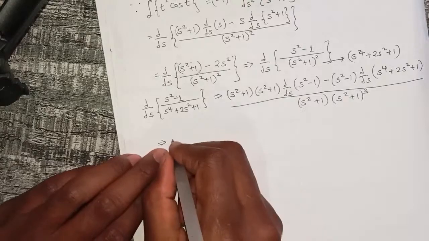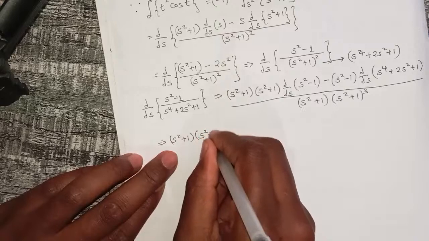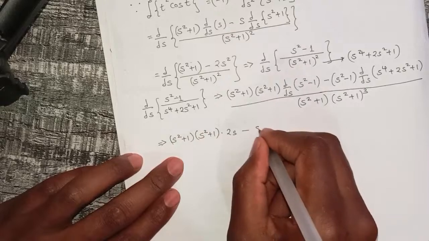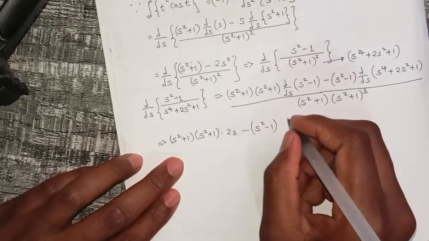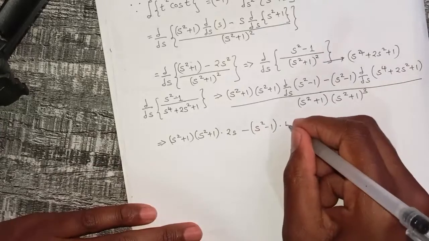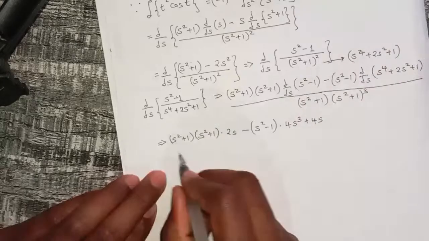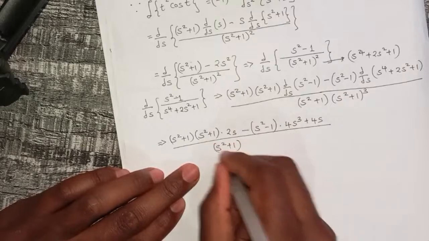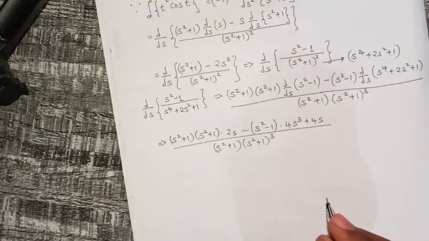So this is to say s squared plus 1 multiplied by 2s, minus s squared minus 1 multiplied by, if you differentiate this part, 4s cubed plus 4s. You divide everything by s squared plus 1 into s squared plus 1, everything cubed.